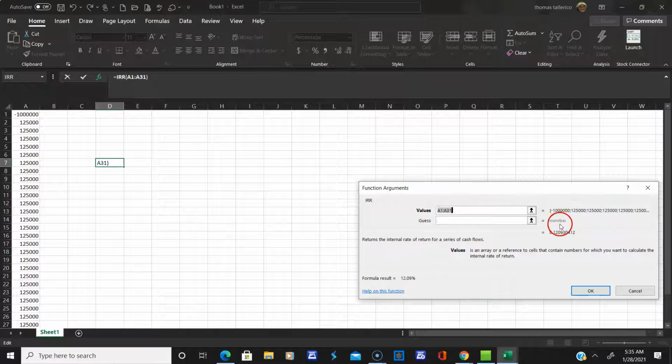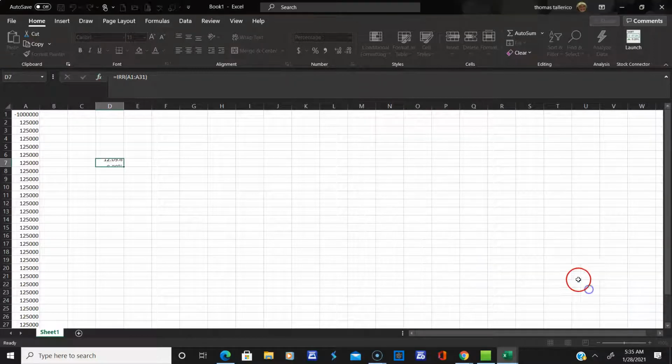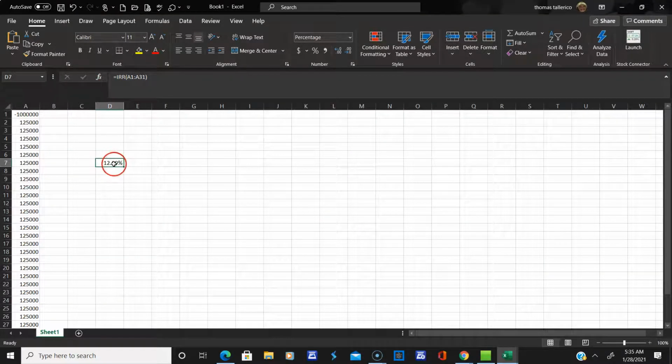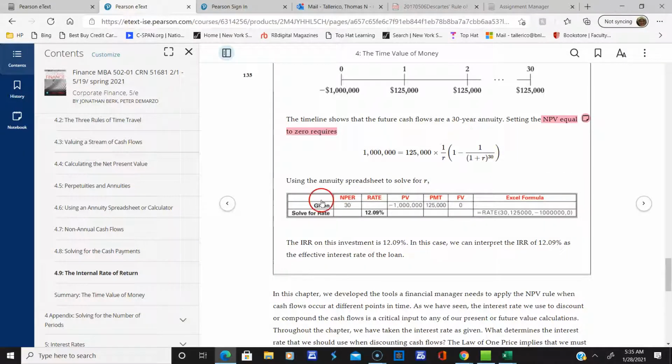You'll get multiple numbers. We'll talk about that later. Okay. So, but if I say OK, you can clearly see it just does the calculation. It's that simple. Or again, you can use the rate function in Excel. Okay. Comes out the same.